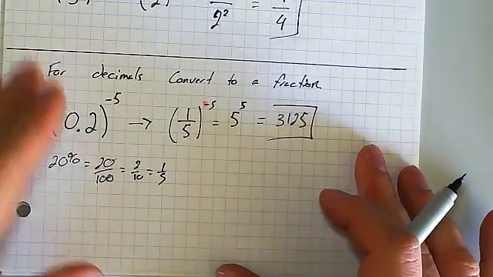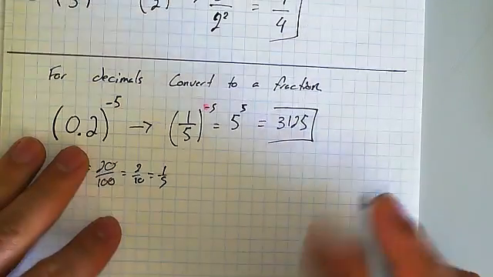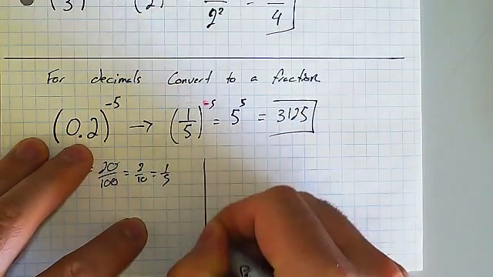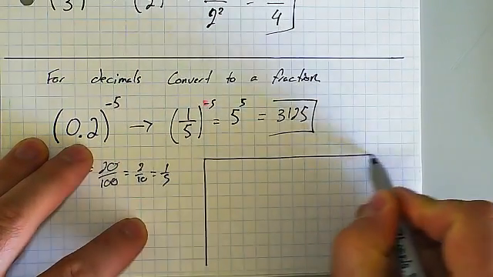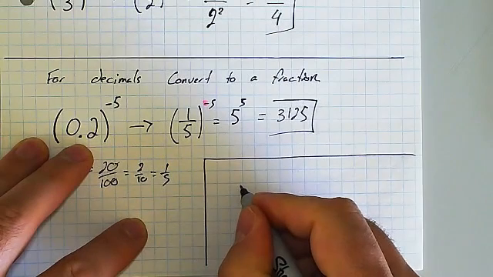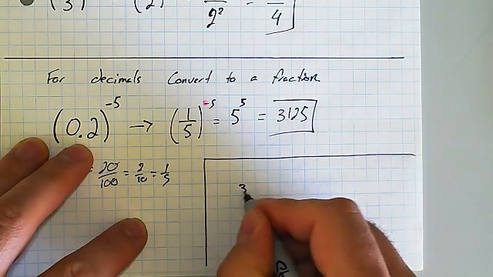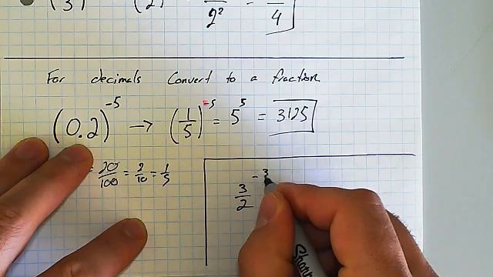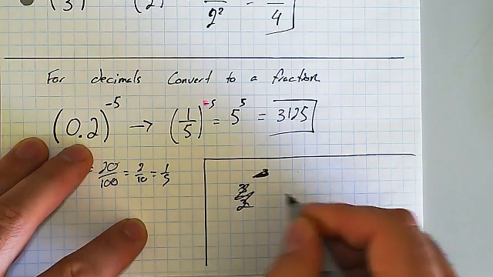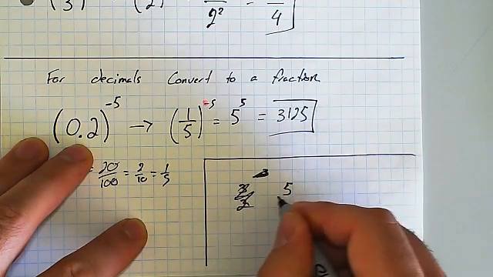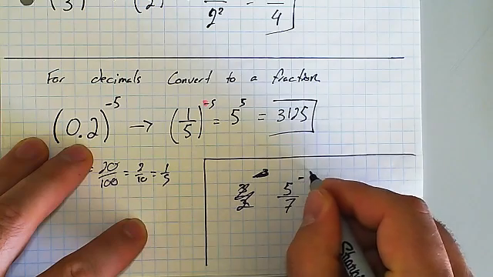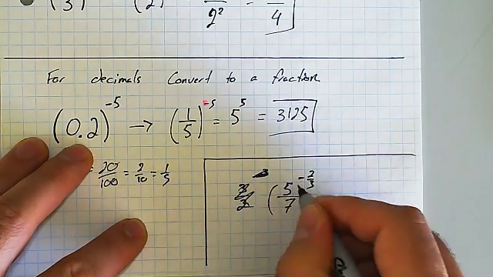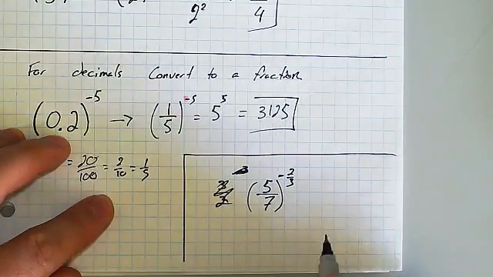Before we get into the homework, one thing I do want to mention is later on we're going to get into fractional exponents that are negative. So if I have, we'll say, 5 over 7 to the power of a negative 2/3.